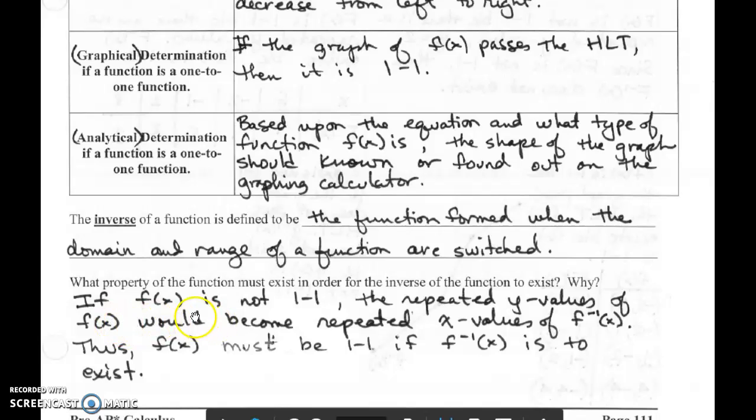And this explains why. If the function is not one-to-one, and you switch the domain and range around, well, then you fail the vertical line test. So if you fail the vertical line test, then that inverse would not exist. So in order for you to have an inverse that exists, the function must pass both the vertical line test and the horizontal line test.